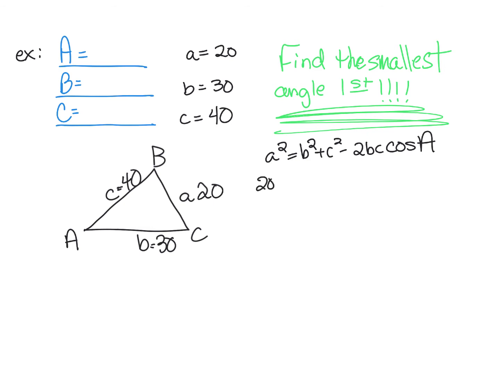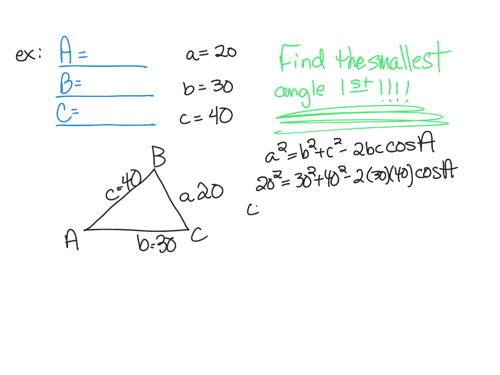So 20 squared equals 30 squared plus 40 squared minus 2 times 30 times 40 cosine of A. These are just numbers, right?